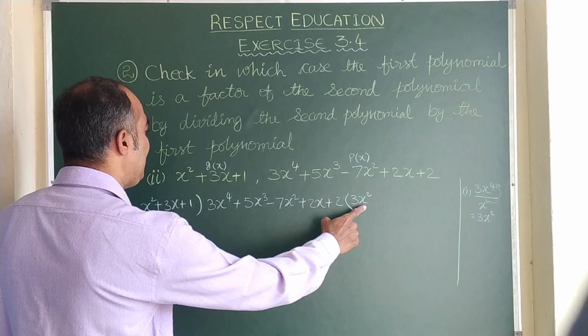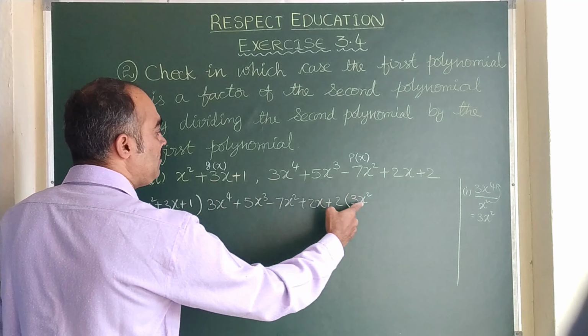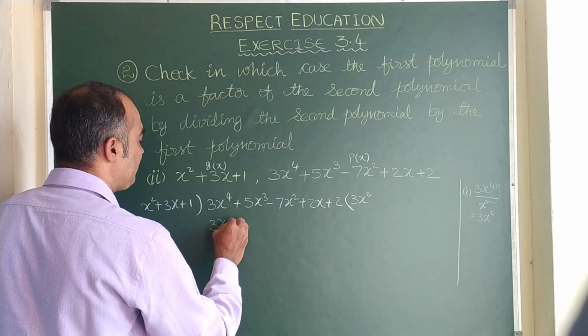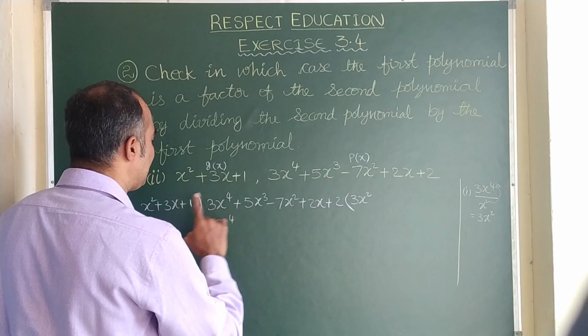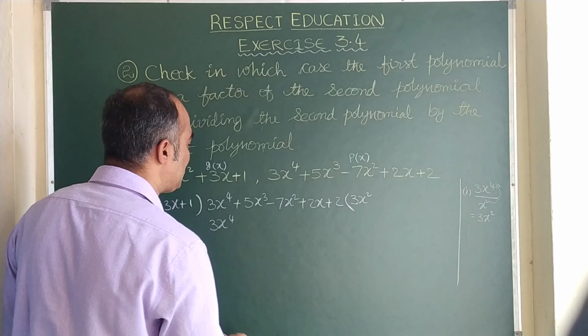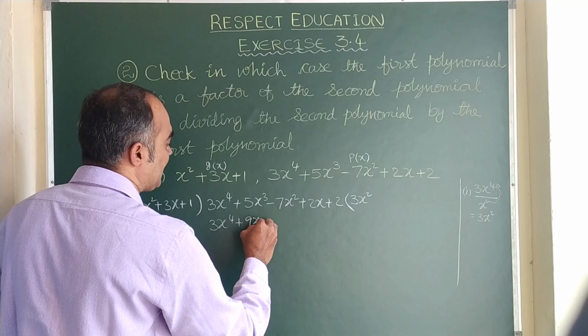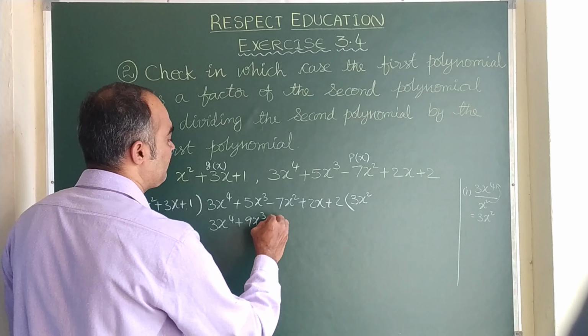Now let us multiply 3x^2 with these three terms. x^2 into 3x^2 is 3x^4. Plus into plus is plus. 3x into 3x^2, 3 3s are 9, x into x^2 is x^3, it is plus 9x^3. Plus 1 into 3x^2 is plus 3x^2.